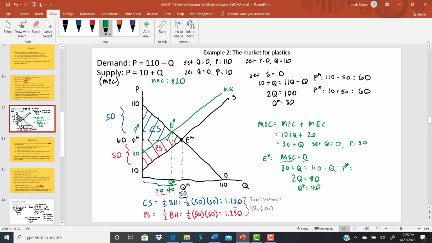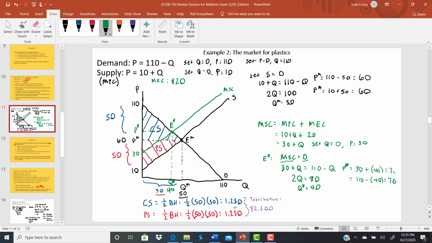It's where we're intersecting with our new marginal social cost curve, right? So again, you can plug it into 30 plus that Q star, which is now 40, or you can plug it into our original demand curve, which is 110 minus 40. Again, either way, you should get the same result.